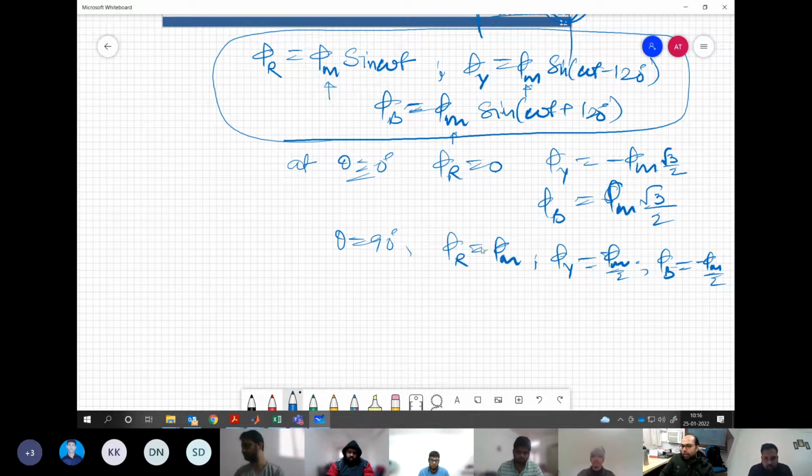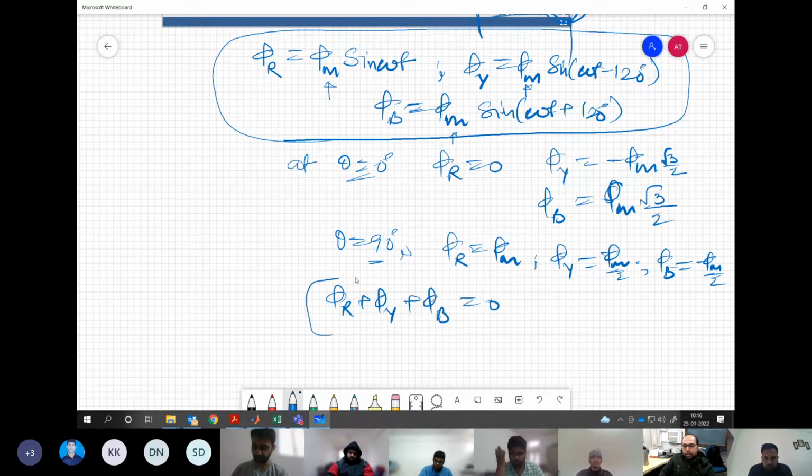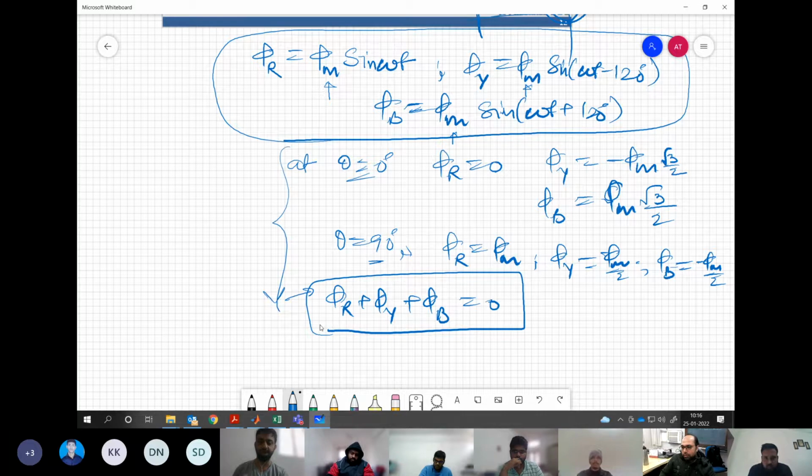And that is what we say balanced. So at any theta you can check. Similarly, all of these will have different values, where the algebraic sum, phi r plus phi y plus phi b, is coming as 0. This is happening on account of the time distribution.